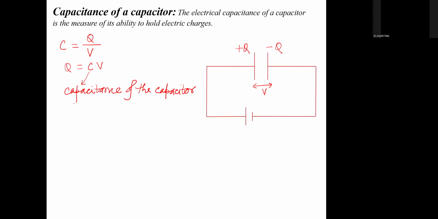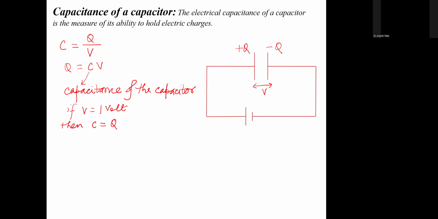From this equation, if V, the potential difference, which is also commonly known as the voltage, between the plates is 1 volt, then C is equal to Q. That is the capacitance of the capacitor.